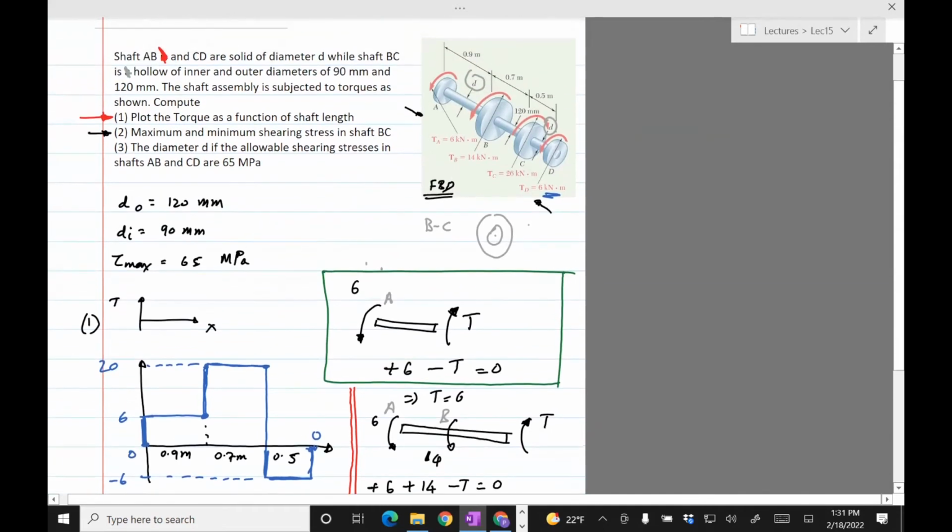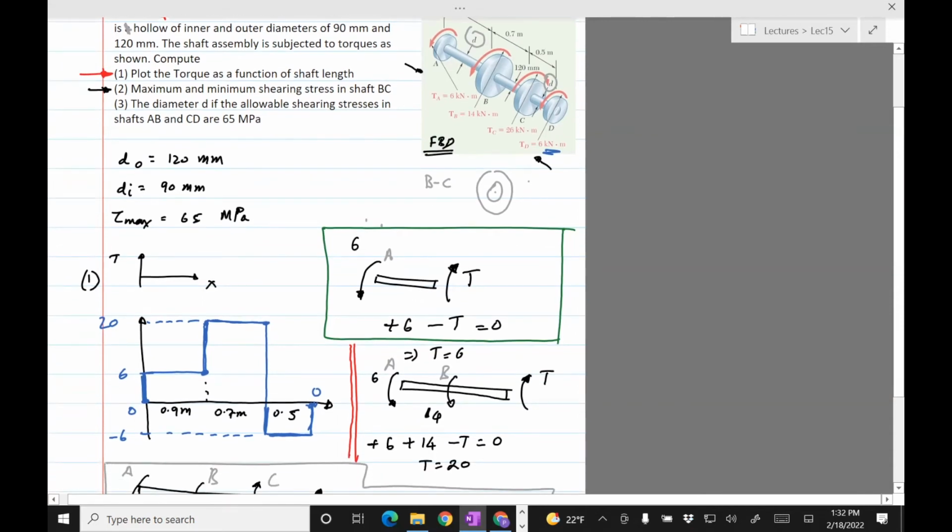Okay, now you're told that the maximum shear stress in shaft BC, there is no question about it. If D was given to you, then maybe a good question would be compute the maximum stress, in which case you have to figure out where the maximum torque occurs and then figure out what the maximum stress is. Now, here's the catch.